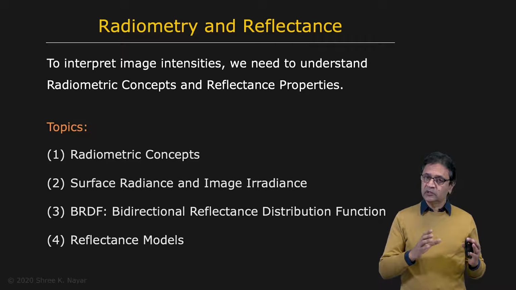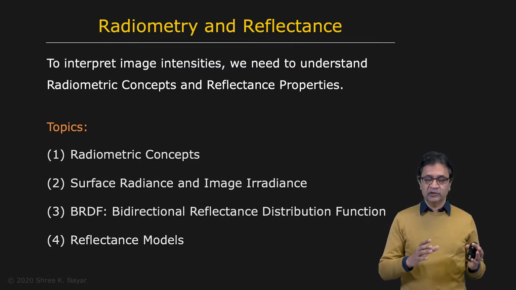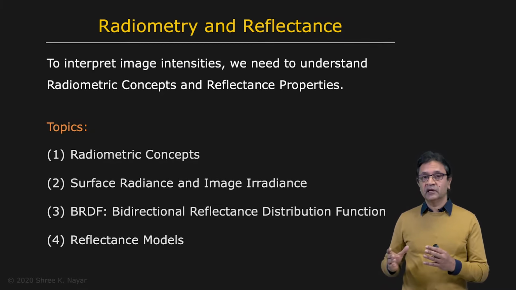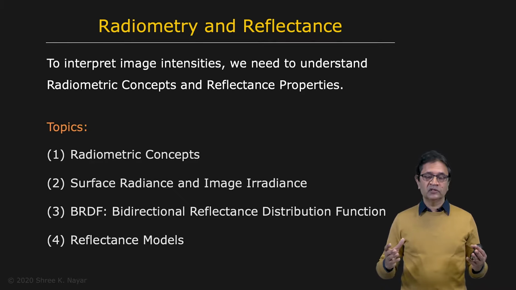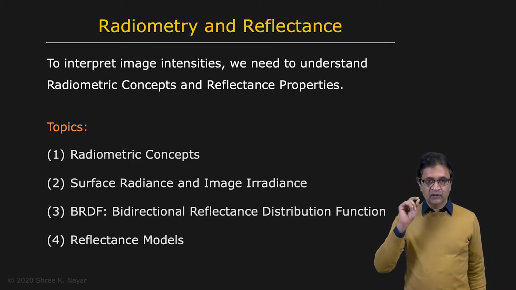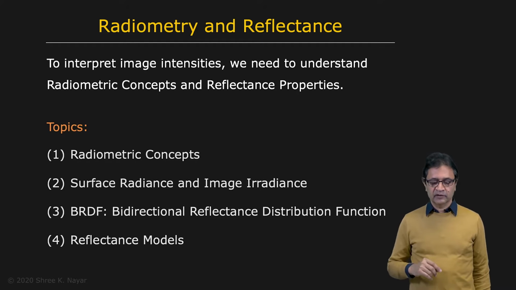We look at particularly surfaces that are diffuse or matte in appearance, as well as surfaces that are mirror-like or shiny in appearance. And then we'll also look at models that cover both of these at the same time. So we'll look at some very widely used reflectance models, both in computer vision as well as computer graphics.